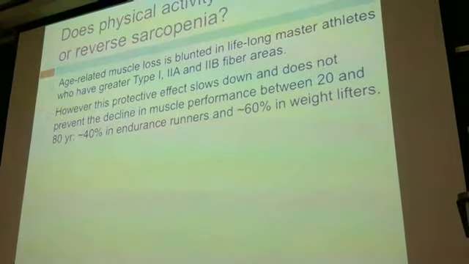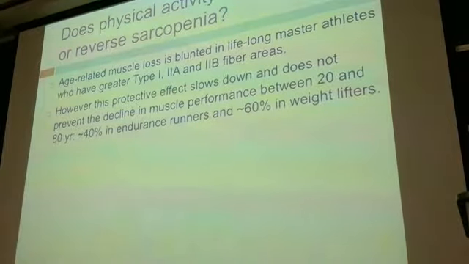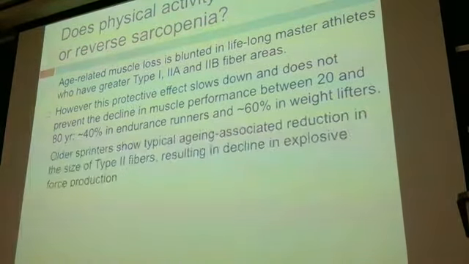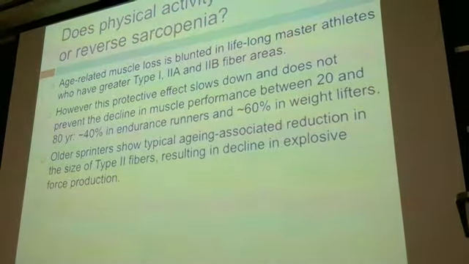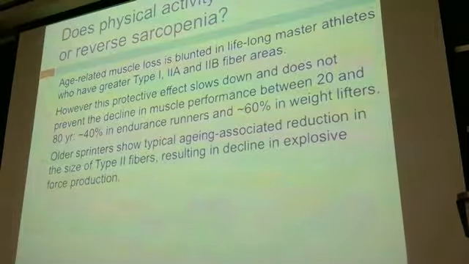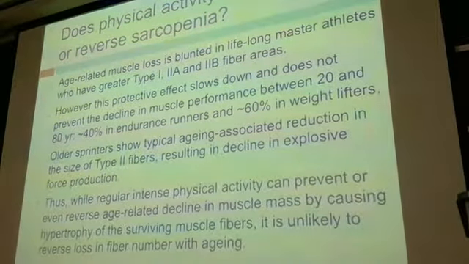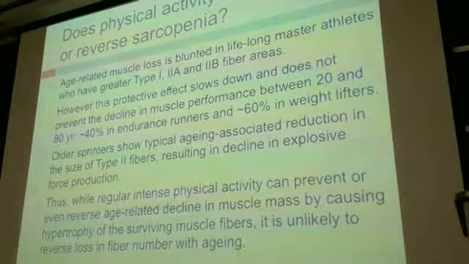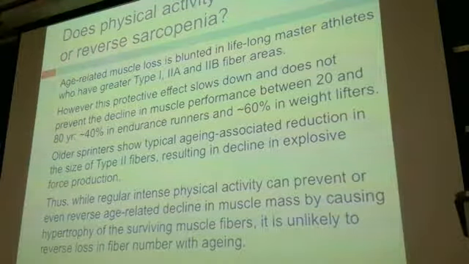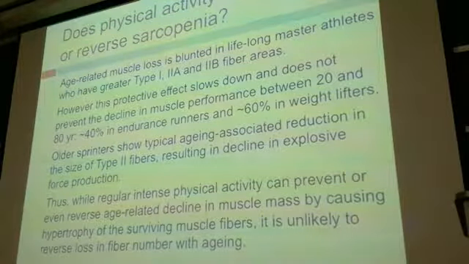So this is an example at a high level of what happens even in very well-trained individuals. And older sprinters who rely on type 2 fibers still have a reduction in type 2, so they lose that sprint high-power push. And so the conclusion is that regular physical activity can help slow or even prevent the age-related decline in muscle mass.